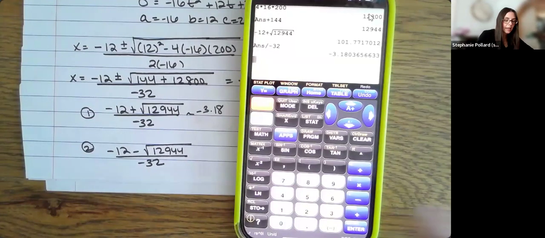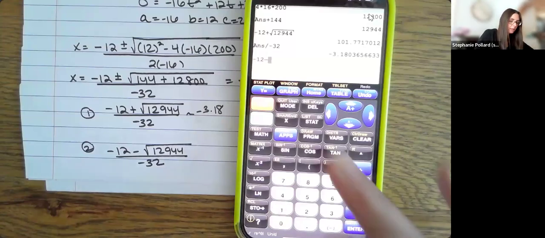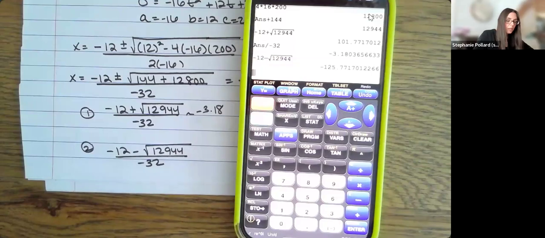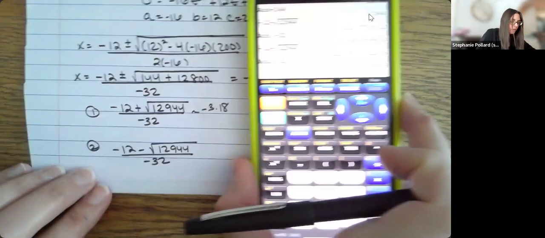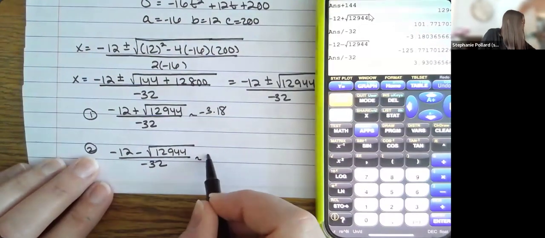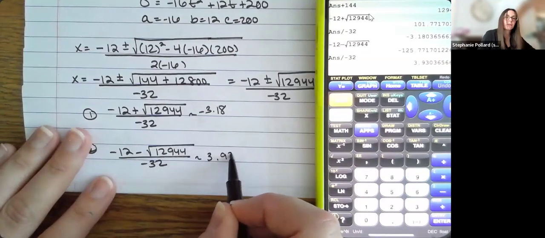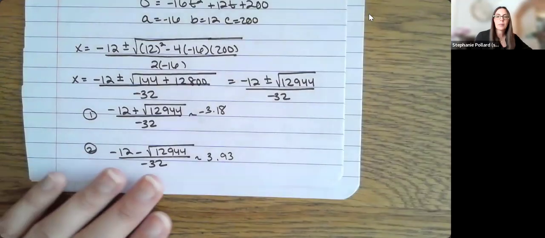In the second case, I have negative 12 minus the square root of 12,944. So about negative 125, 126 divided by negative 32, and I have about 3.93.